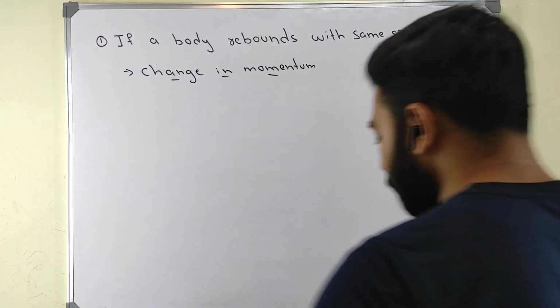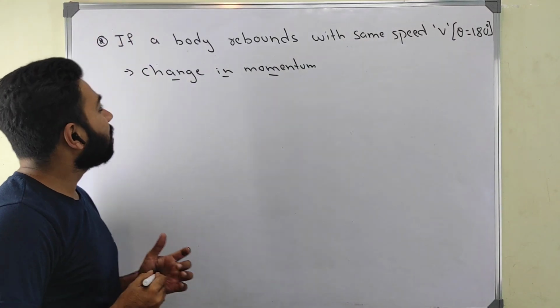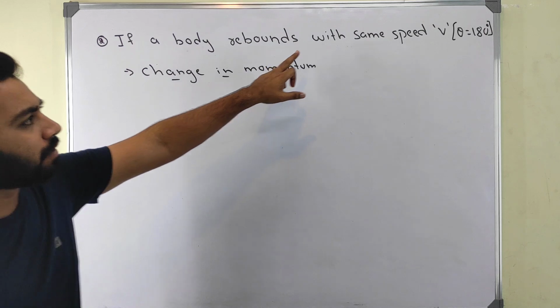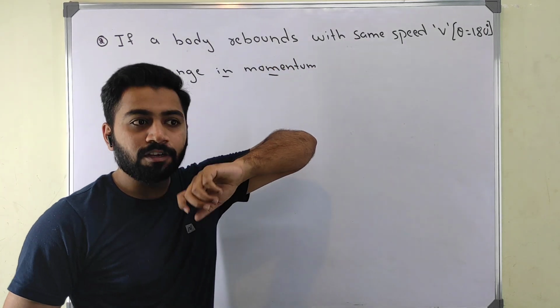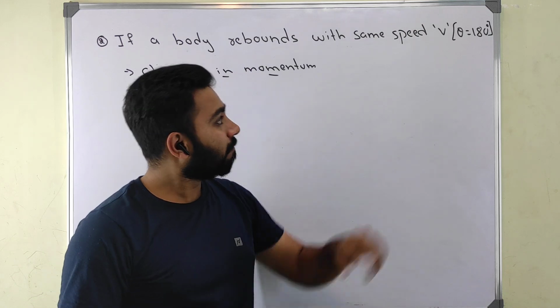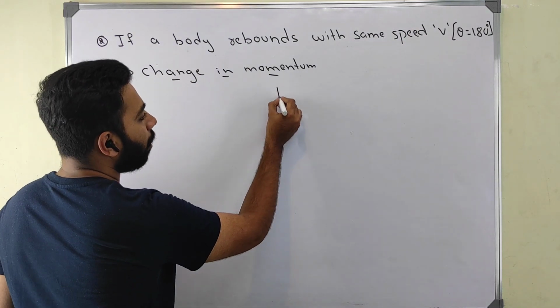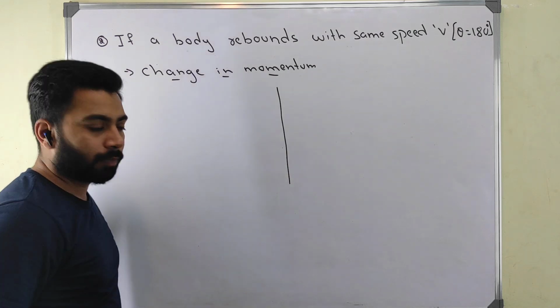Okay, see the next case. Here, if a body rebounds with the same velocity v, which means a body is going, hitting and rebounding with the velocity v only. So you have one wall like this.